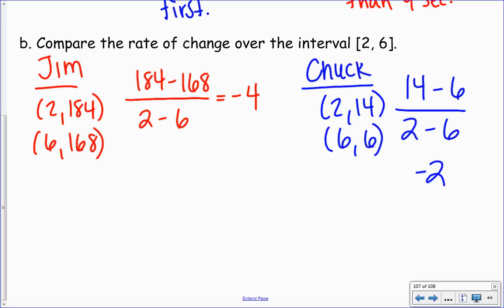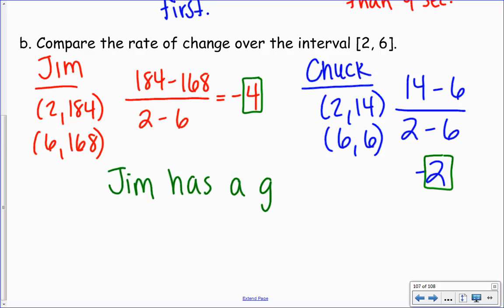So remember, when you compare rate of change, ignore those negatives. So really, I'm looking at 4 versus 2. Which one is changing at a faster rate? And that's going to be Jim's. Jim's is changing at that faster rate. So I would answer that question by saying Jim has a greater rate of change.